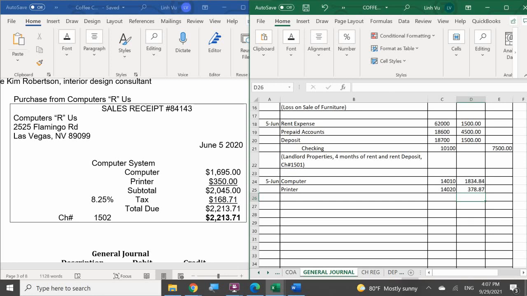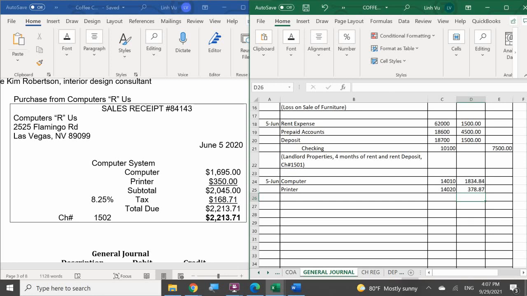Let's add that. If you have 88 plus 84, how many cents do you have? I just get lost. You just calculated tax for the printer to be 378.88.